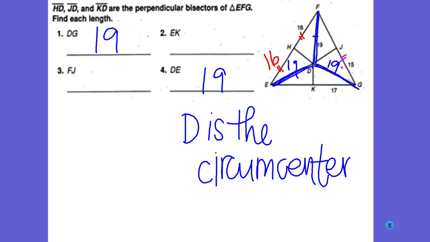JG is 15, so FJ is also going to be 15. And then finally, if DK is a perpendicular bisector, that means that K is the midpoint of that side. KG is 17, and KG is going to be congruent to EK, so EK is also going to be 17.